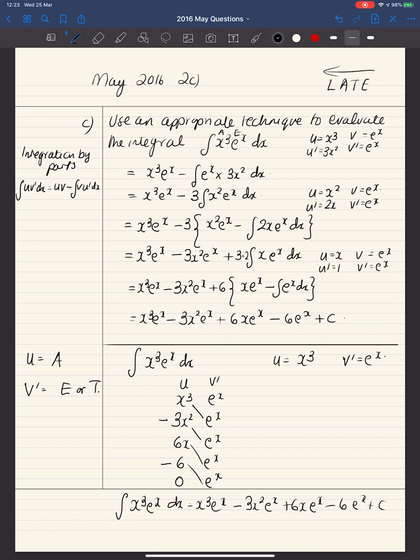So see, that's a lot less writing and more chance of getting it correct with all the minus signs. But it only works if u is algebra and the v dashed is exponential or trig. So if it's algebra with exponential or algebra with trig, you can use this one. So that's the answer there, but I don't mind which way you do it. It's entirely up to you.